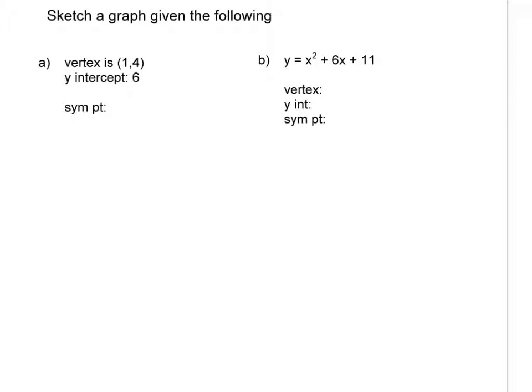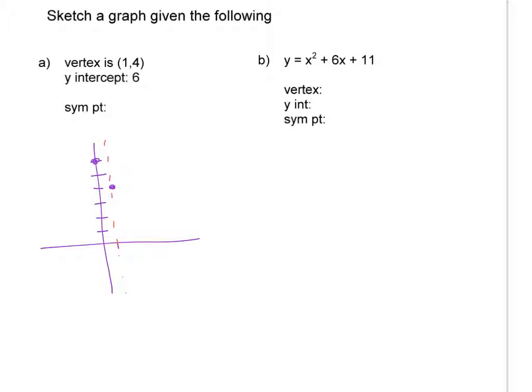All right, just a couple quick sketches. My vertex is at (1, 4), so I'm going to do a quick sketch: 1, 1, 2, 3, 4. There's my vertex. My y-intercept is at 6, 1, 2. Now remember what I said: your axis of symmetry is going to go through that vertex point.